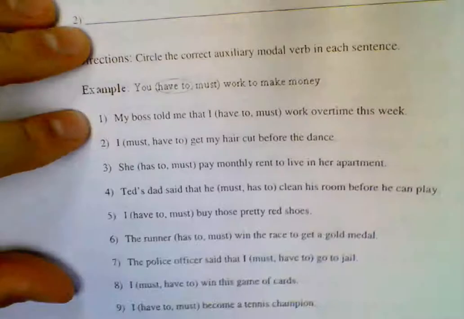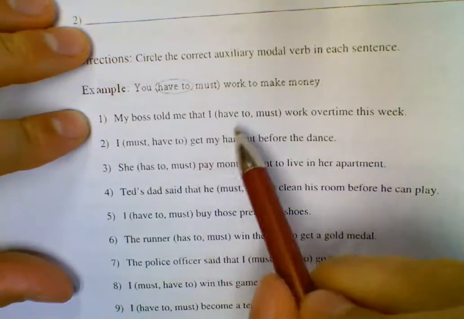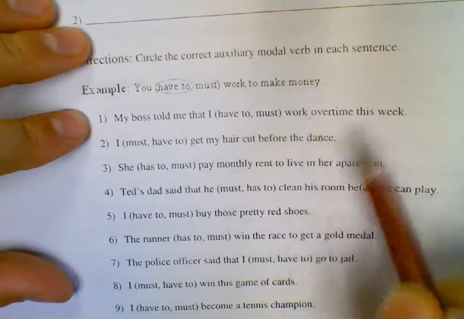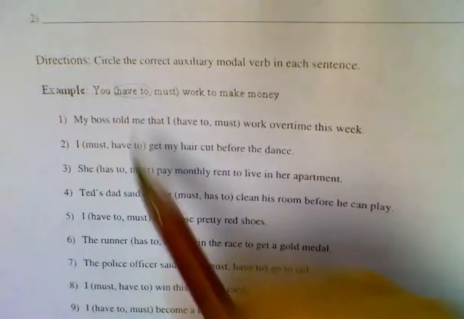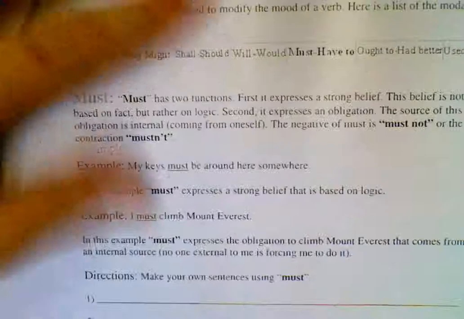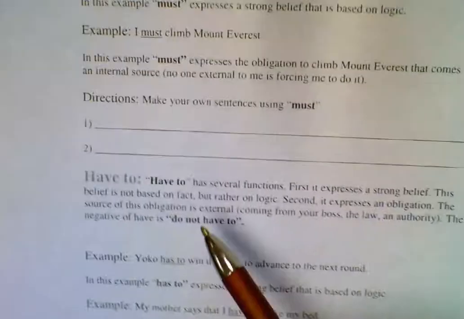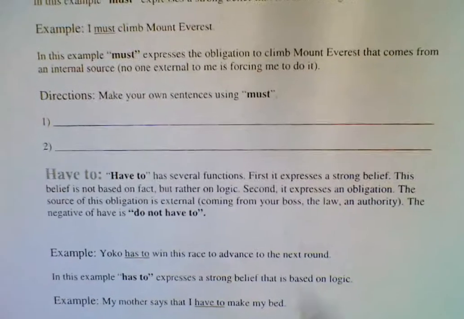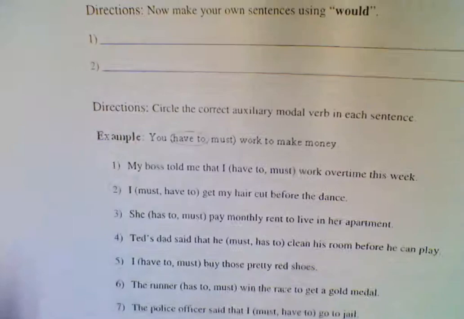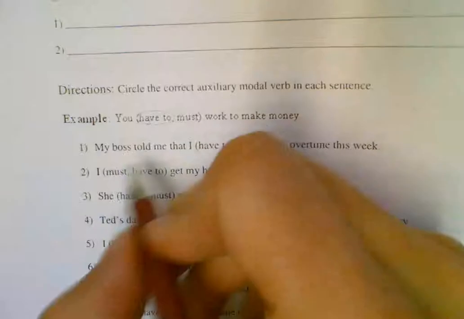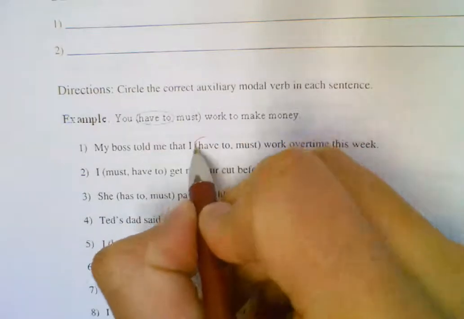Number one, my boss told me that I either have to or must work overtime this week. So which would that be? Well, if you understand that have to usually comes from an external source, as it says here in the definition for have to, it comes from an external source, such as a boss, the law, or an authority, then we know, yes, it has to be have to.